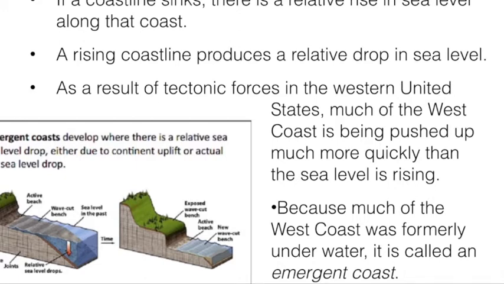So essentially it's a new beach, and you can kind of tell where the old beach used to be and where the new beach is. Of course, in California you have lots of fault lines with upheaval as the oceanic plate is being forced underneath the western coast of the United States.